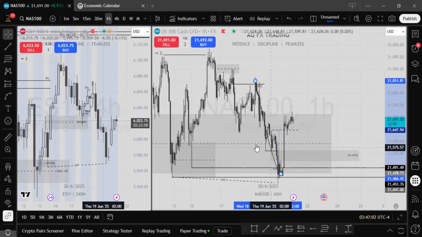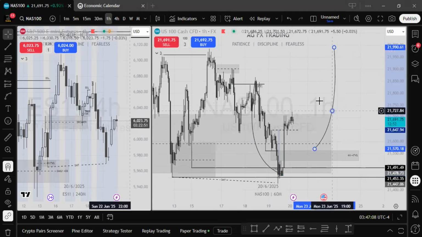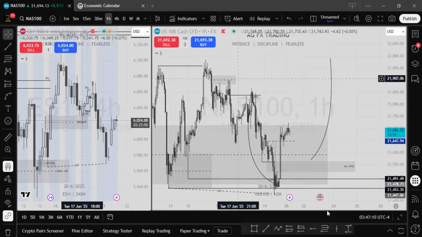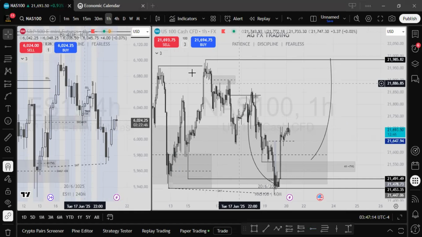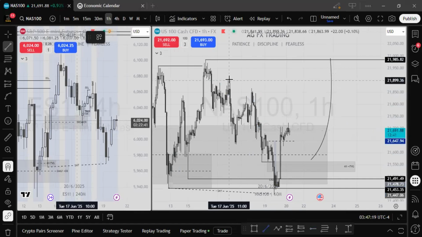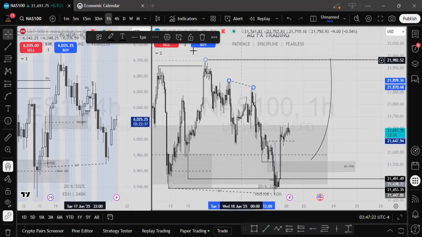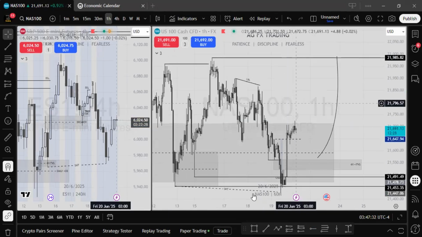And then this will be the buy side of the curve. So this will be a market maker model that I'll be taking if we do get the structure that I'm looking for. And then these are gonna be my internal range, my low resistance liquidity. So this is currently what I'm seeing.